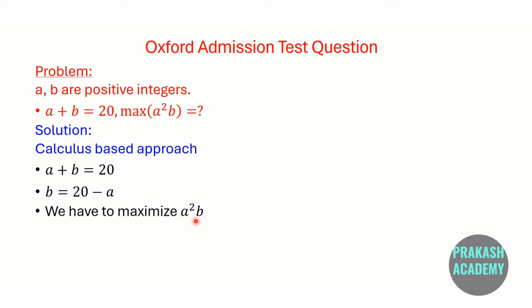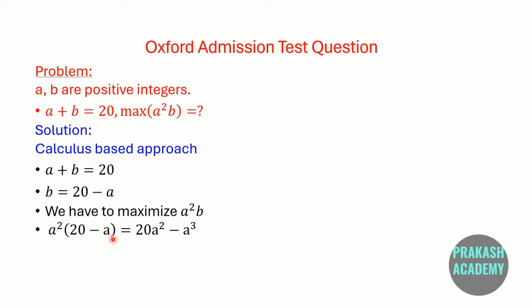Now if you see this, there are two variables, a as well as b. We want to convert this into one variable, and this can be done with the help of this condition, that is b is equal to 20 minus a. So I will replace b here with 20 minus a. If you plug the value of b, this becomes a squared times 20 minus a.